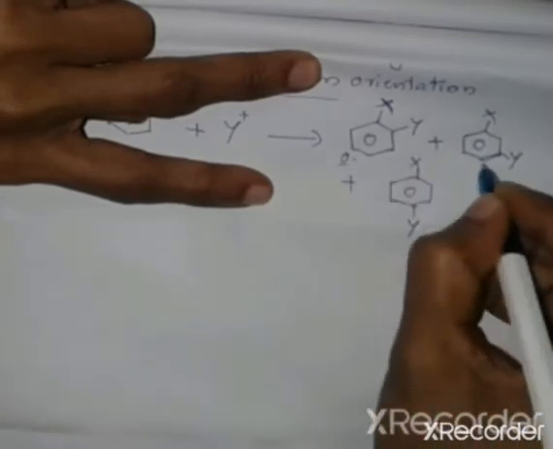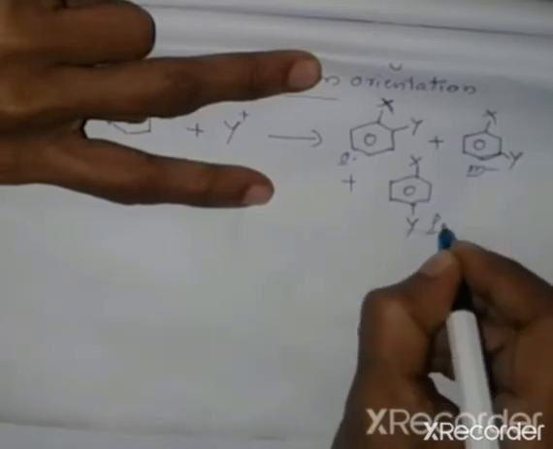It is the ortho isomer, this is the meta isomer, and this is the para isomer.